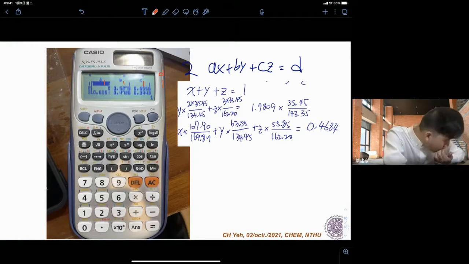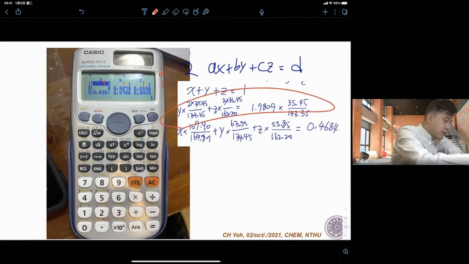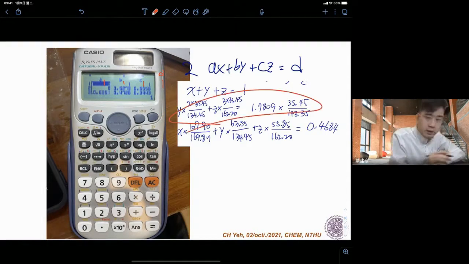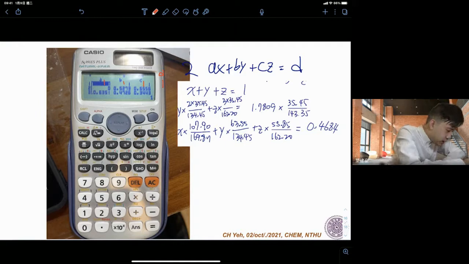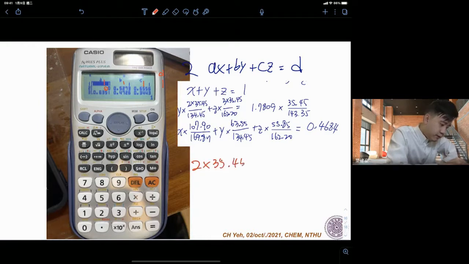In the second one, because you don't have an x unknown number in the second equation, you just type 0 here. For b, what you type is 2 times 35.45 divided by this, and it will calculate a number for you.